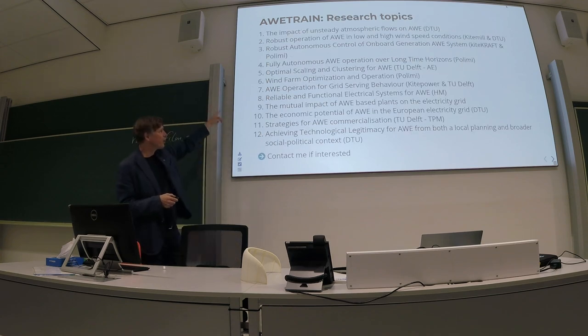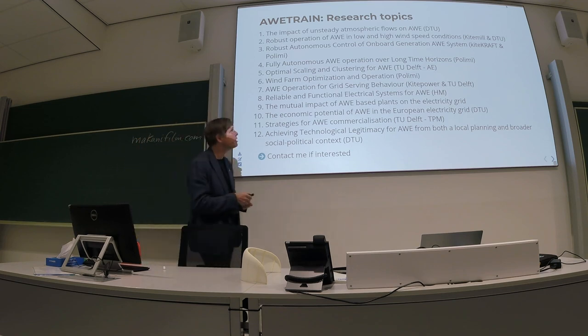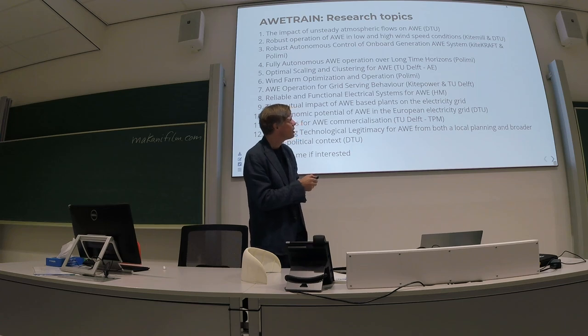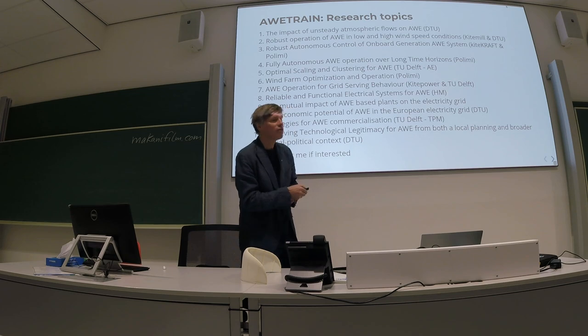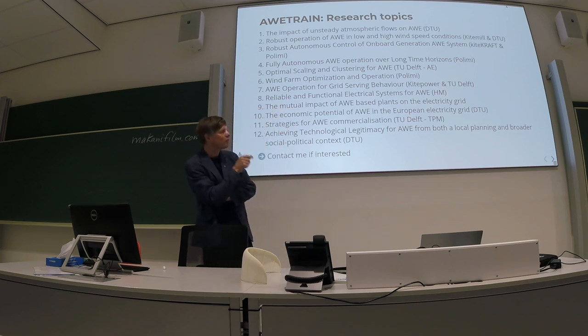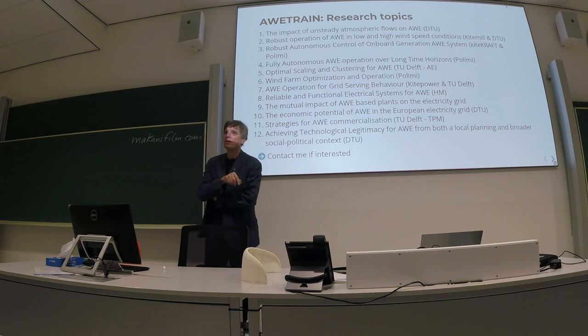These are the 12 topics we will be hiring. Here at the back in brackets I put the institution. The first one is always the hiring institution. And if there is a second one, like here, this is for academic supervision. So especially for the companies, or actually only for the companies, there must be an academic supervisor.